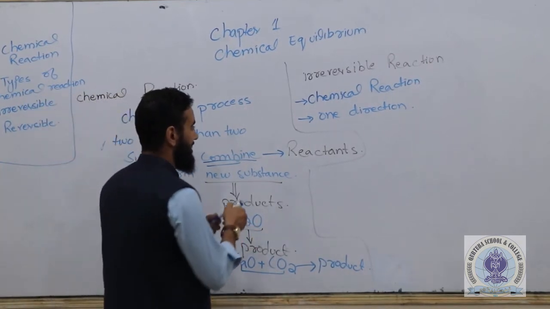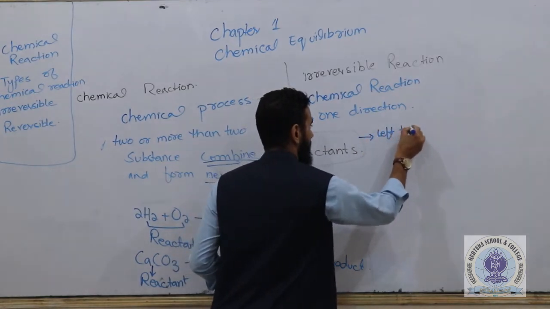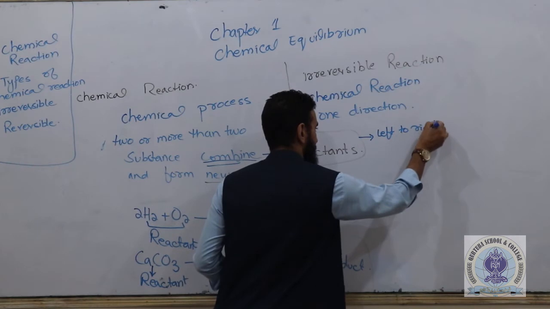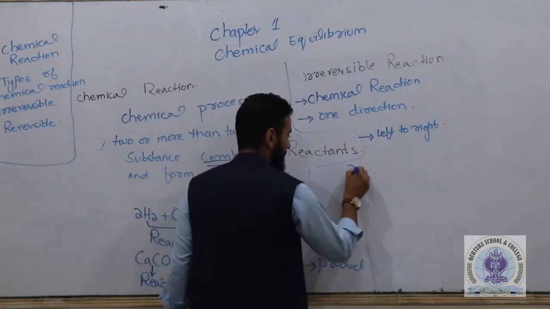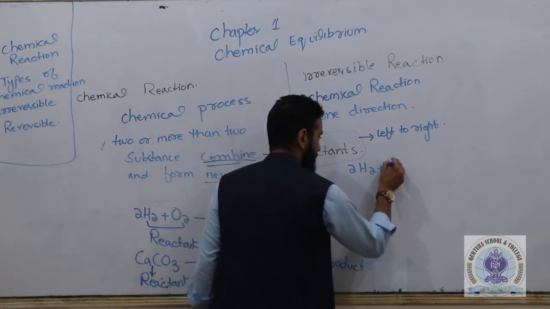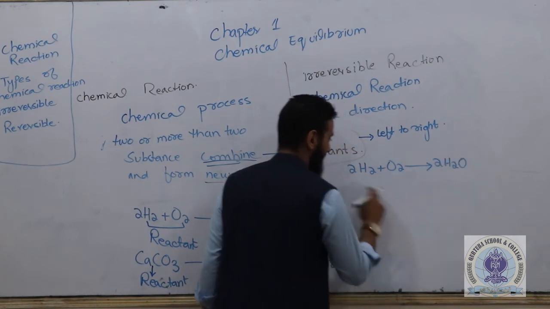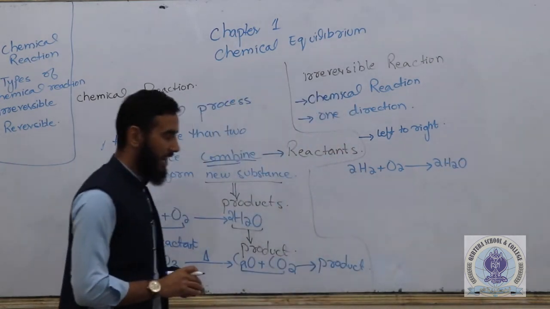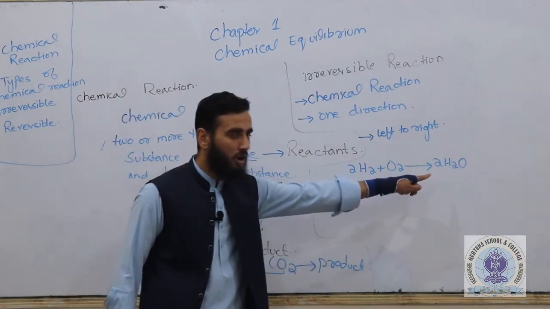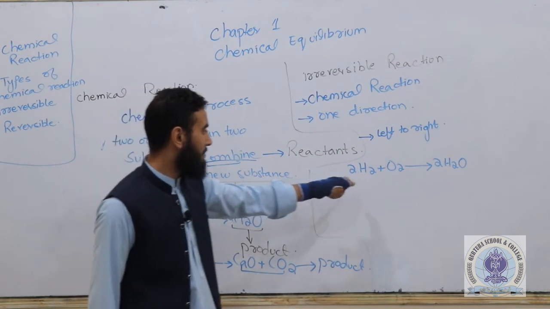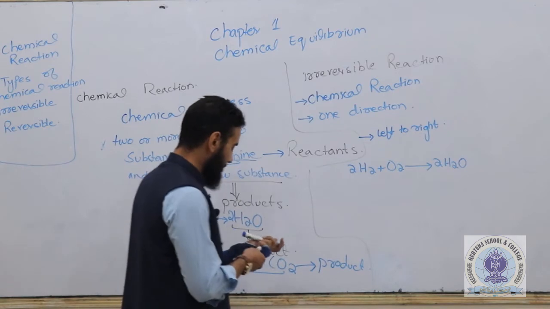It proceeds from left to right. We can take the same example of water, that is 2H2 plus O2 giving 2 moles of water molecule. Here 2 moles of hydrogen gas combine with 1 mole of oxygen gas, and they give us 2 moles of water molecule. So this reaction proceeds in only one direction.